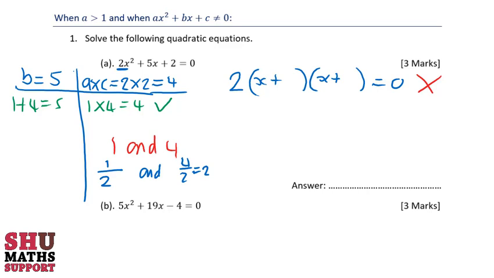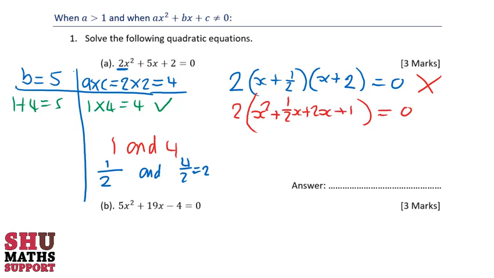So if we have x plus a half and x plus 2, then this means that when we expand it, we'll get 2 times by everything inside the bracket, just to make life easy. Then we have x squared plus half x plus 2x, and then obviously a half times 2 is a half of 2, which is 1.